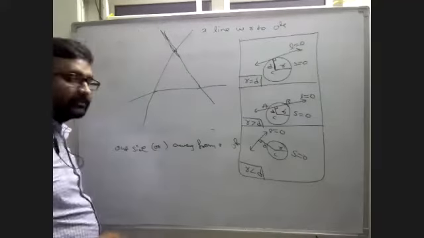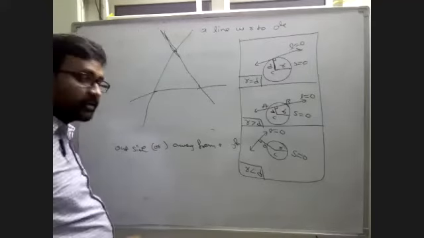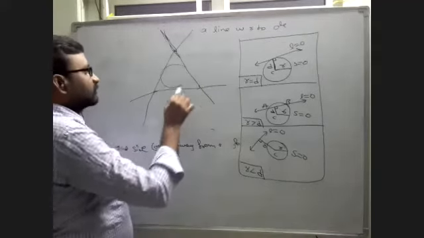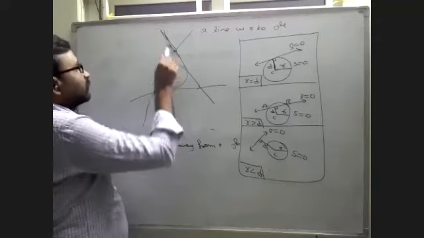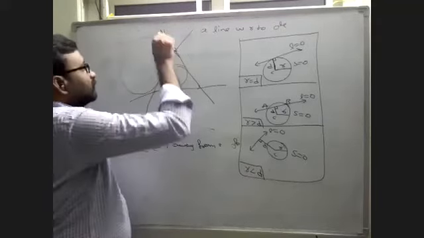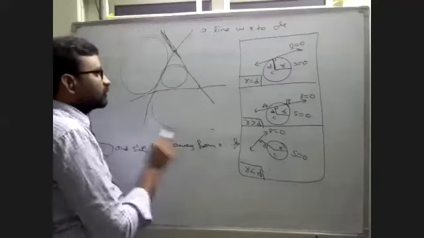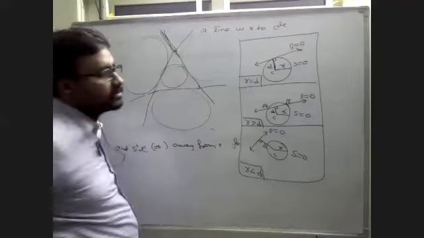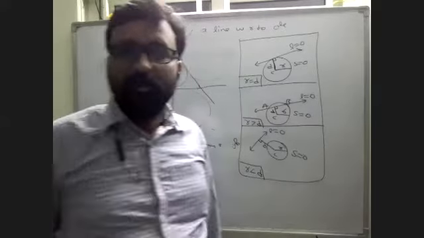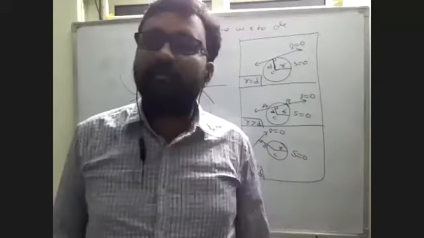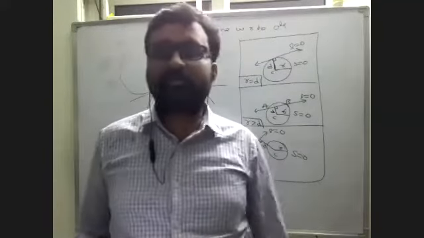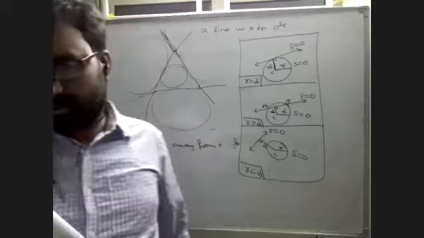The circle touching the 3 sides first looks like this: this is a circle which is inside the triangle, and this is one more circle which is touching 3 sides, and this is one more and this is one more. 4 circles exist. Like this, depending on the position of the side lines, we have to say how many circles touch the 3 sides. So that is the first one.